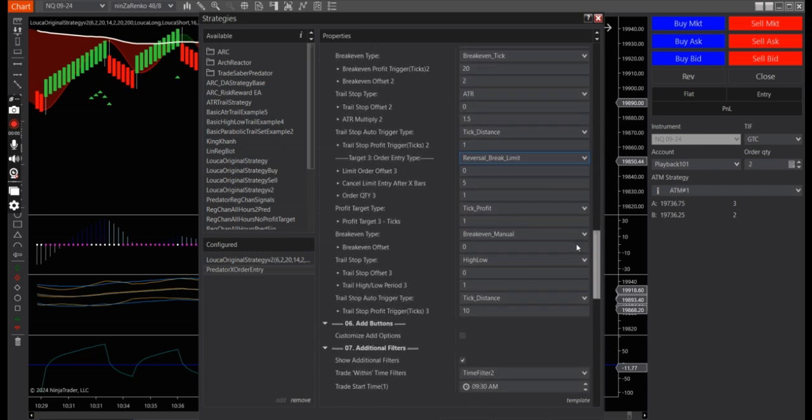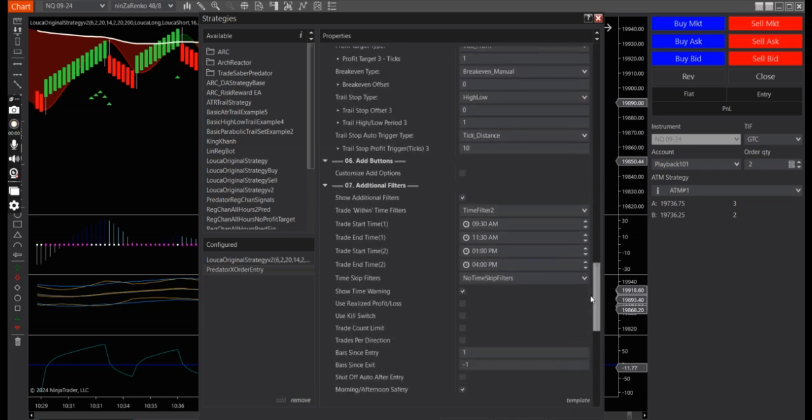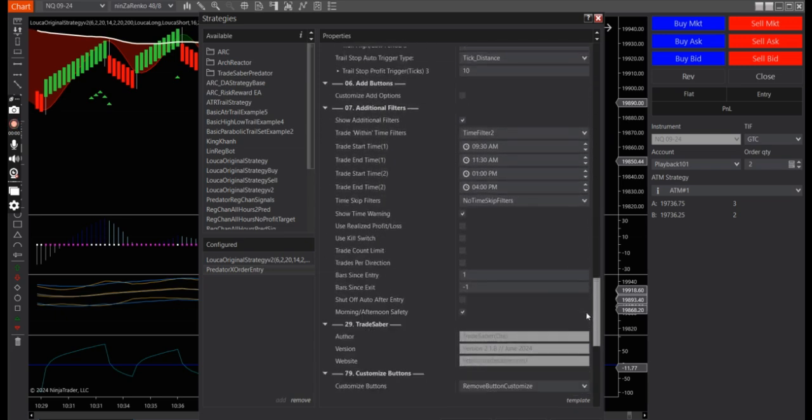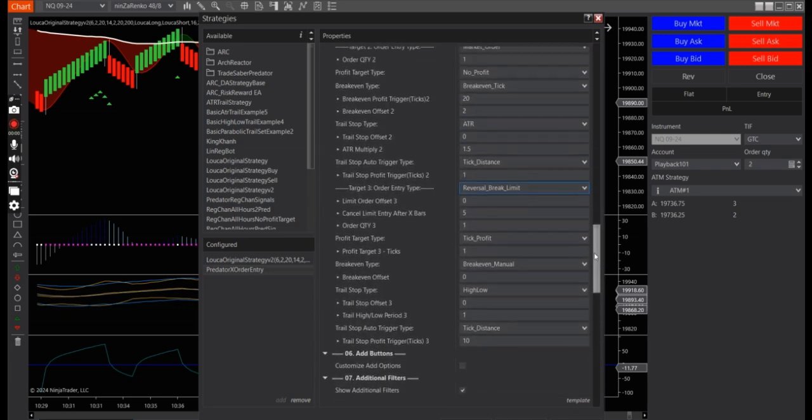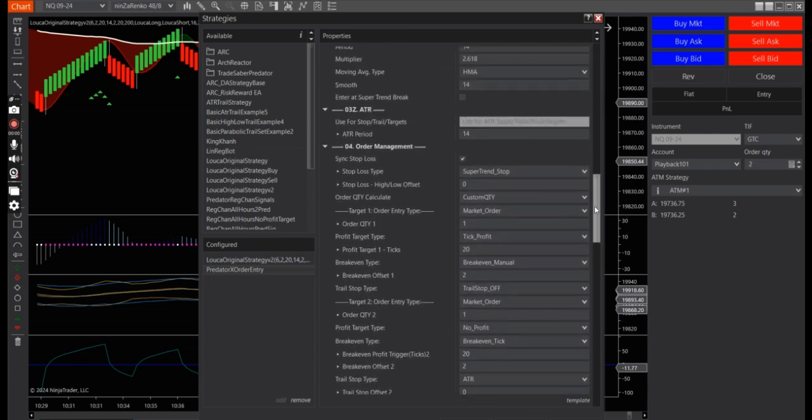So I get my signal bar, and then I wait for the next bar to go in the up direction. That means it would have to be higher. That second candle would have to be higher than the open. So I have the option checked here. Let me see, where is it? That option.